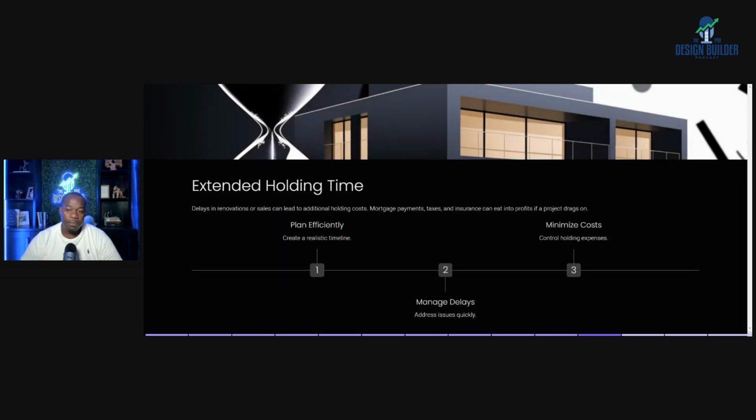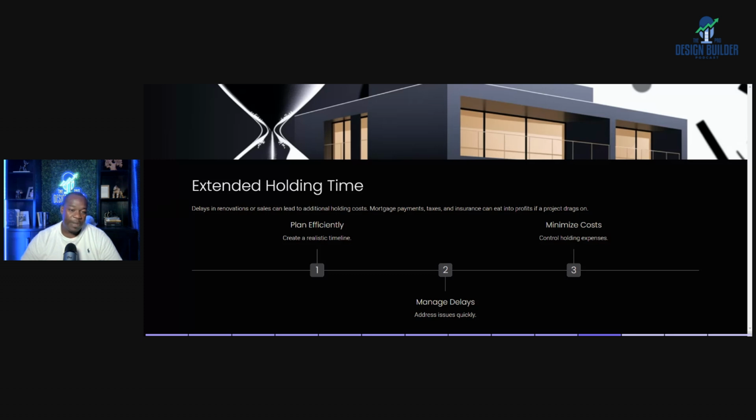Extended holding times. This is a way you could lose a significant amount of profit: holding the property too long, and for some reason not going with the first contract, not negotiating it right away. Now you're holding on to the property for months at a time. Each month that you hold the property, those are considered holding costs, and those holding costs end up hurting your bottom line.